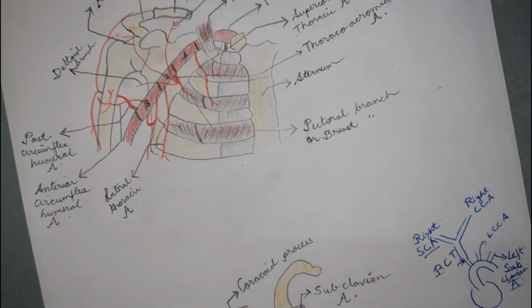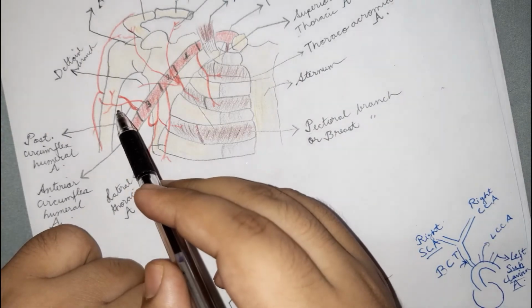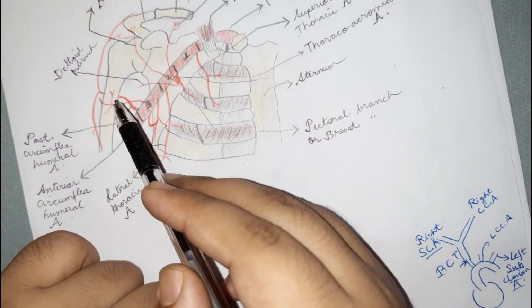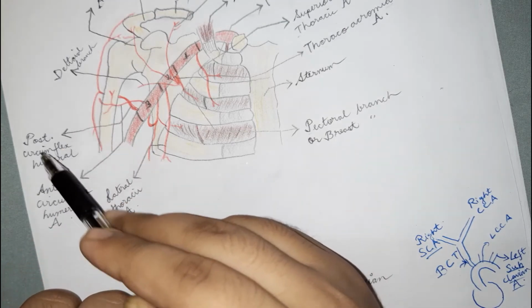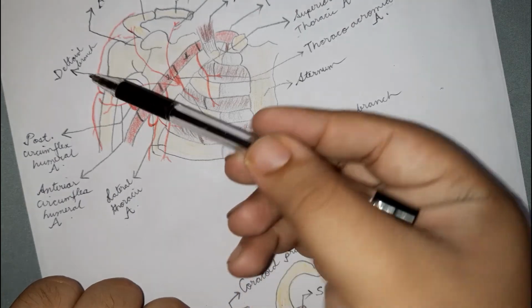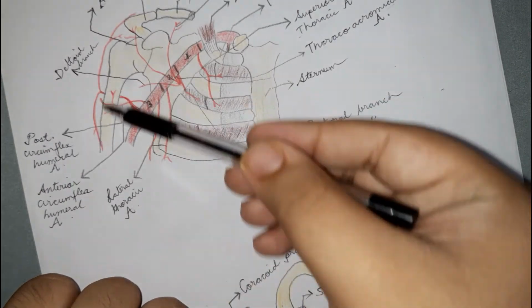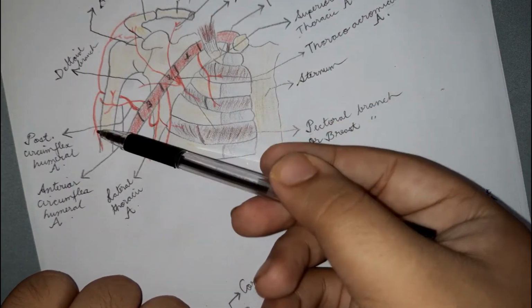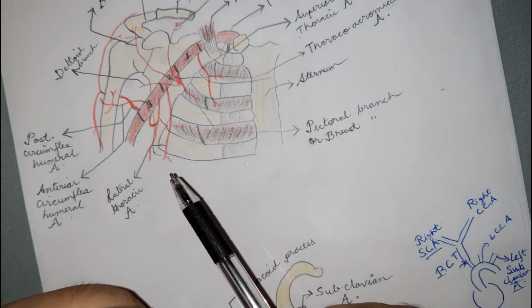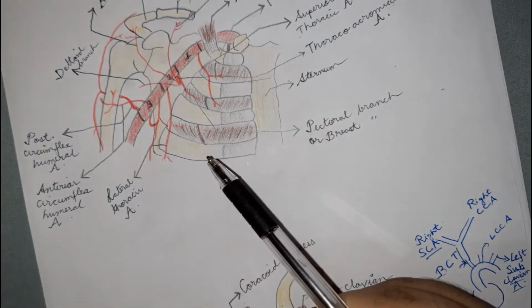This anastomotic circle between the anterior and posterior circumflex humeral arteries is present in the surgical neck, although in this diagram I have depicted it a little lower. It should be a little higher. I apologize for that, but anyways, this is how it is.